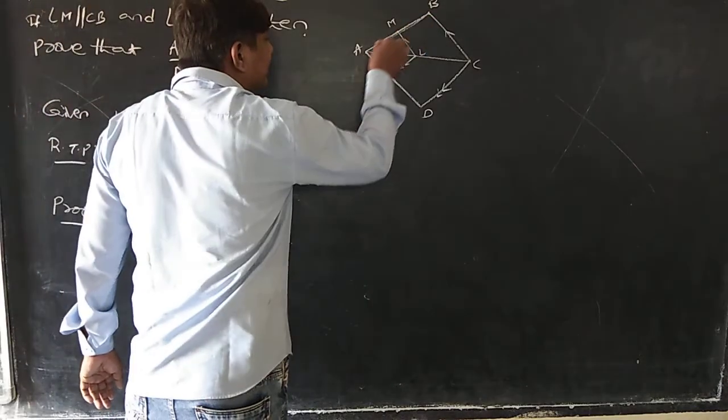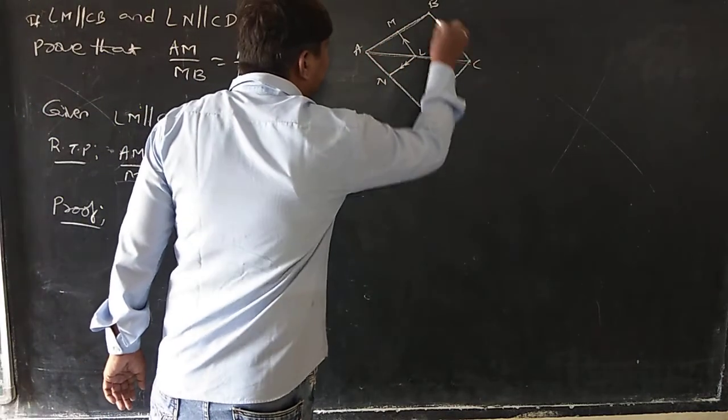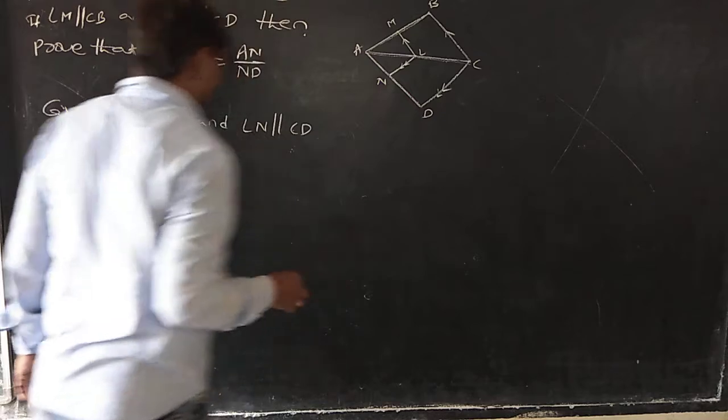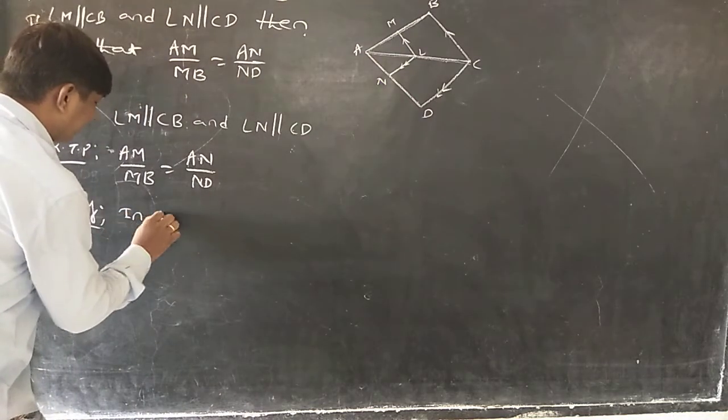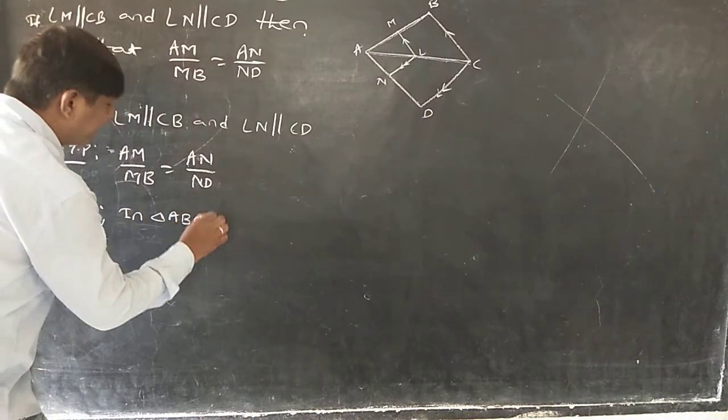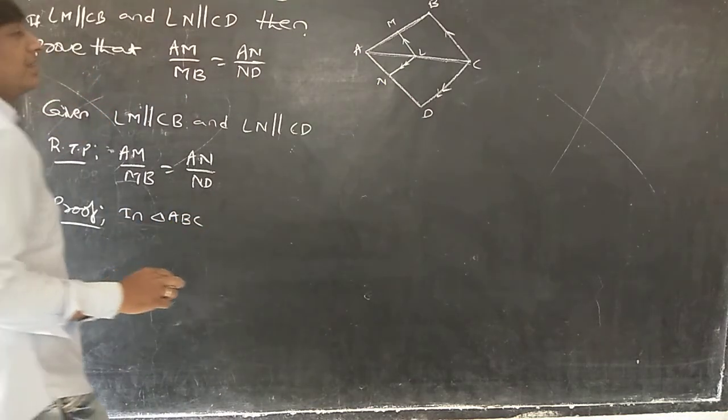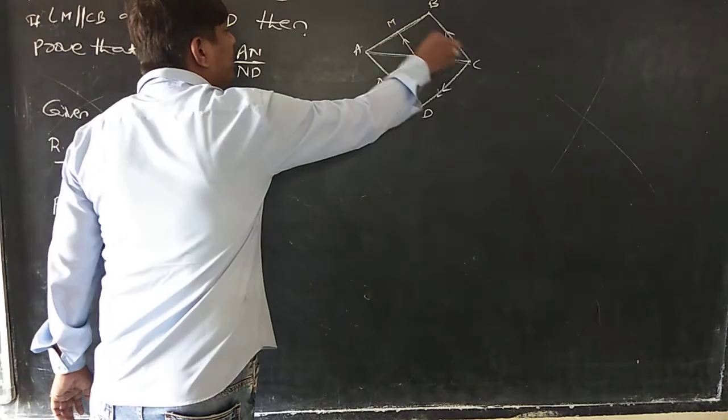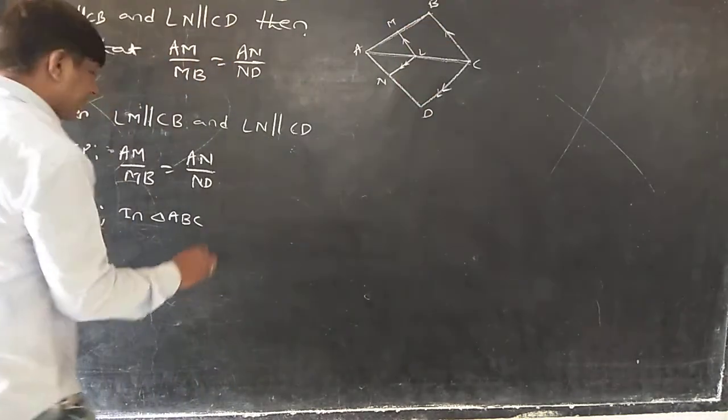First consider this triangle ABC. In triangle ABC, LM is parallel to CB.